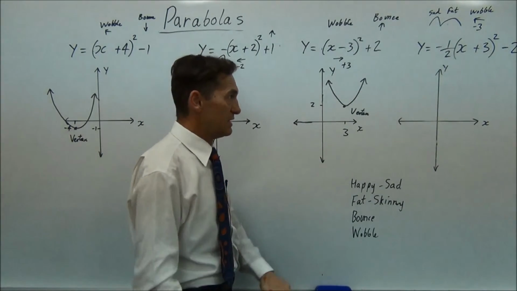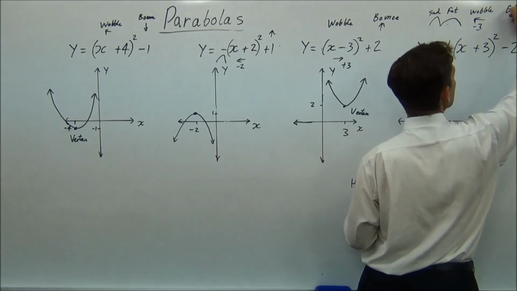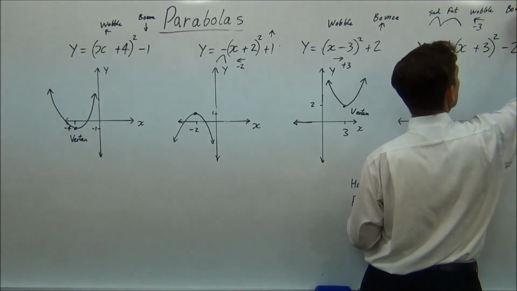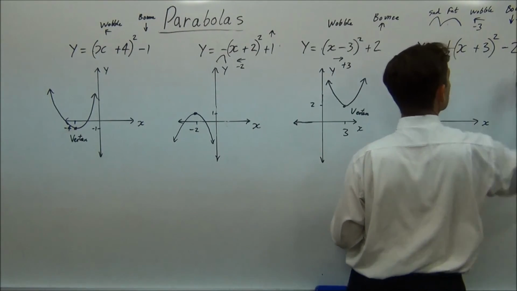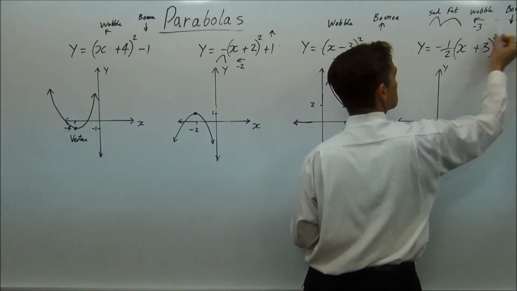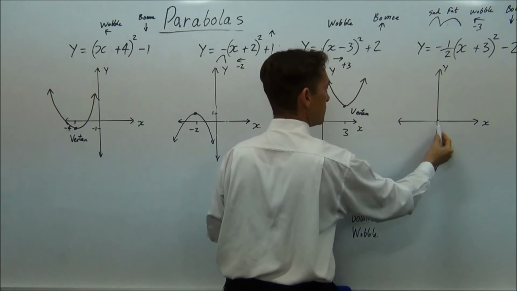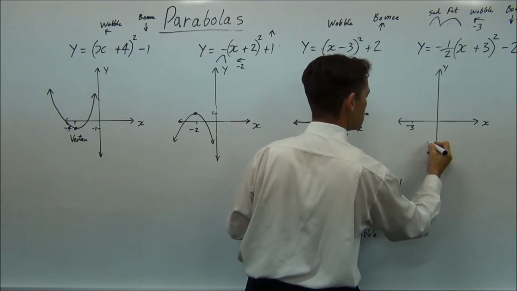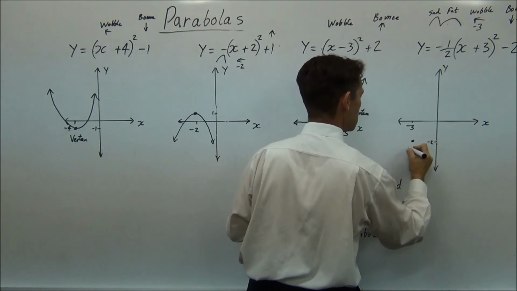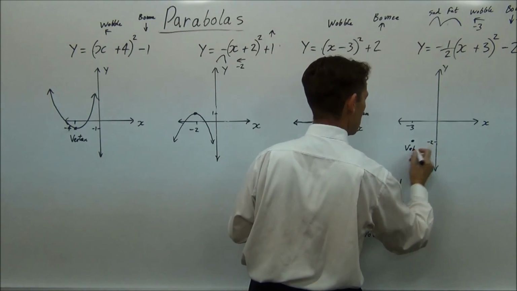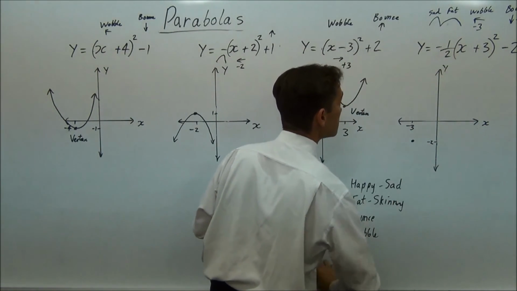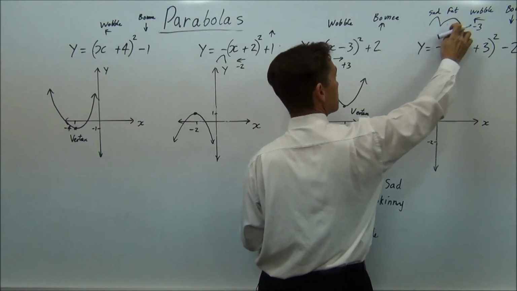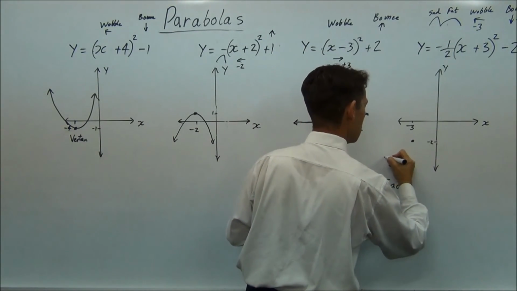We're going to bounce down to -2. Okay? So this here is our vertex. So we're wobbling across to -3. And we're going to go down to -2. And that's our vertex right there. I better not write it that way because it's going to interfere with the diagram. It's a sad fat, so it's like that.